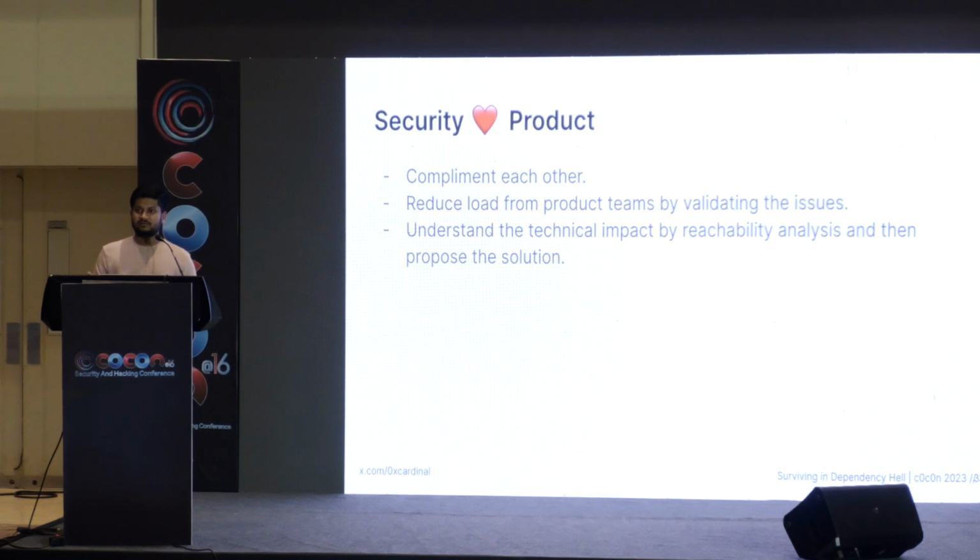We can use different methods like reachability analysis and source code review to see how the data is flowing, to understand if it is really impacting the product, and accordingly give the severity, so that the product team understands that it is coming from a place where they know this is critical, so we have to fix it. Otherwise, if you give them 1,000 vulnerabilities, there will be fatigue in developers, and none of the issues are going to be fixed. So understand the problem, then understand the impact, and then suggest.